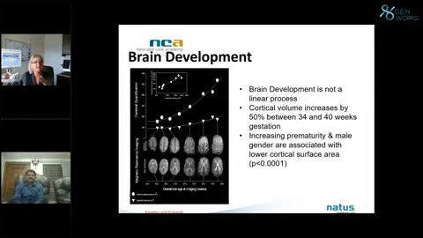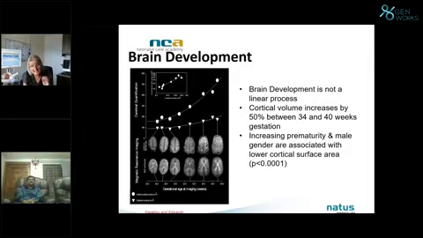And I always like to point this out to people when we have these 34, 35, 36 weekers in our care, and we just think they're a small term baby. Okay, yes, they're small, but they are not a term baby by any means in terms of their brain and their brain function.